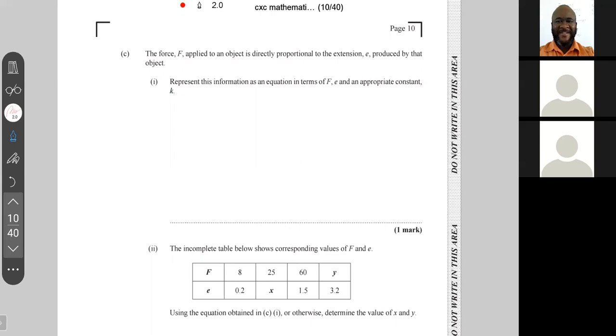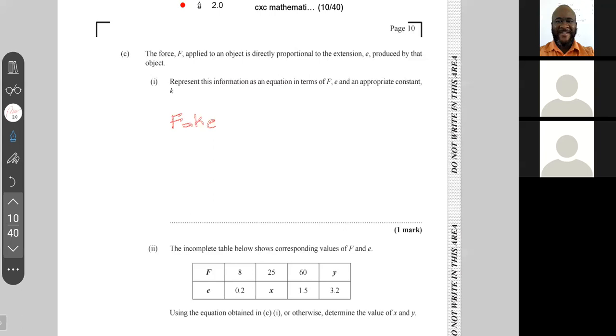And variation has two very important words. The two important words are directly and inversely. So the word used in this question is the word directly. Now, if F is directly proportional to the extension E, that is saying that F is equal to K multiplied by the extension E. K there is called the constant of proportionality or the variation constant.